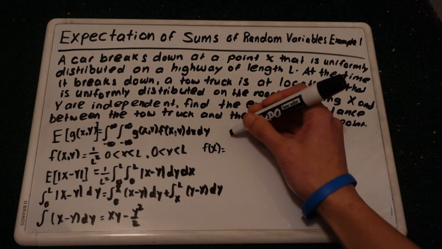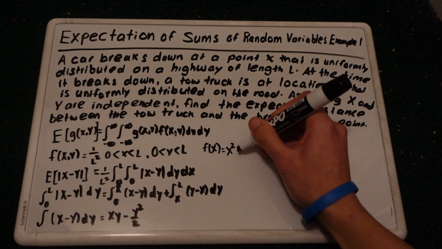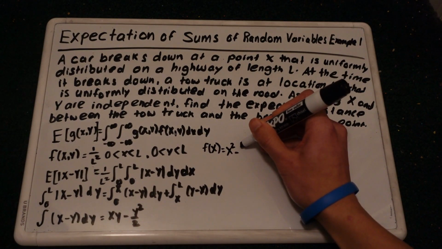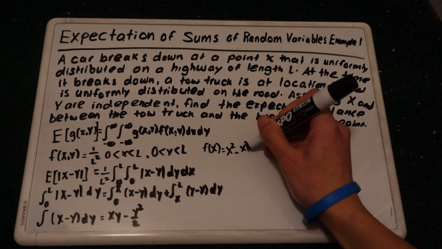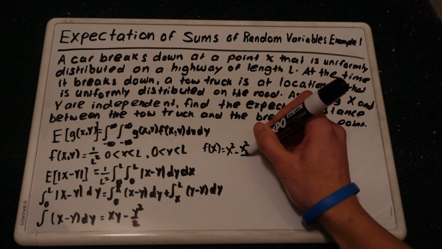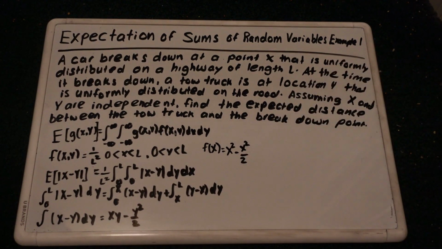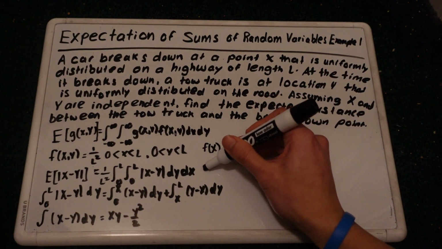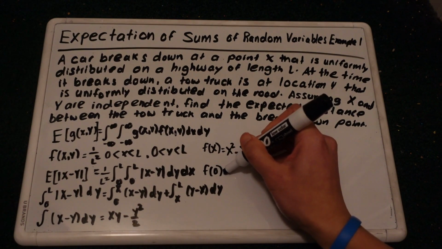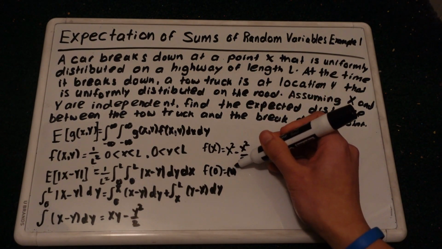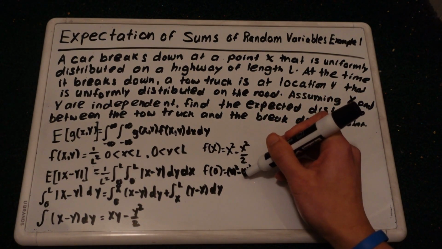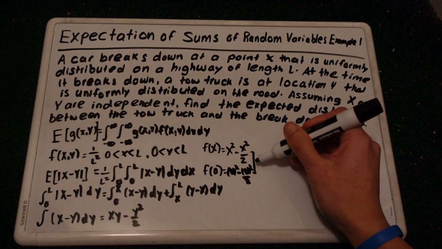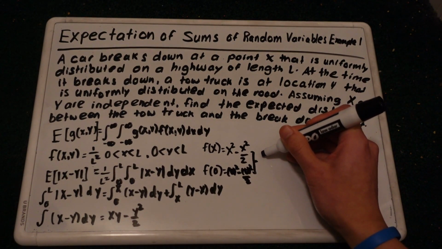So f of x would be x squared minus x squared over 2. And also, let me denote f of 0, which is just 0 squared minus 0 squared over 2. We take these two and we get x squared over 2.